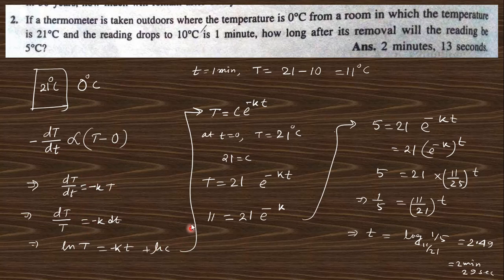If you integrate and put the condition that at t equal to 0 the inside temperature was 21 degrees, you get the equation, and then put this condition to get the constant value. After that, put temperature equal to 5, and you will get the answer.